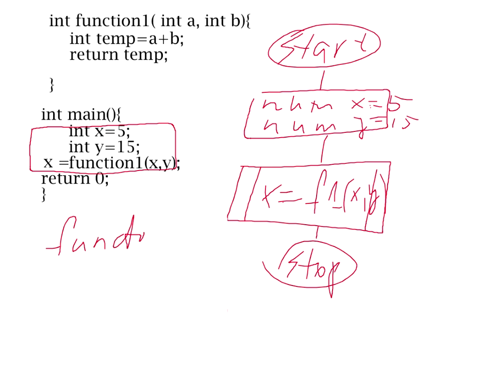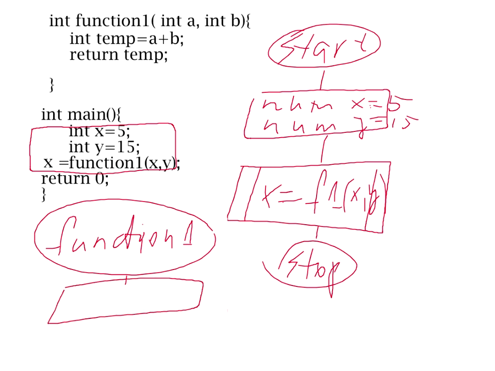So we're going to say function 1 is what we are starting with. At this point, we have two local variables within the function, which are a and b. We received those values from the function call.